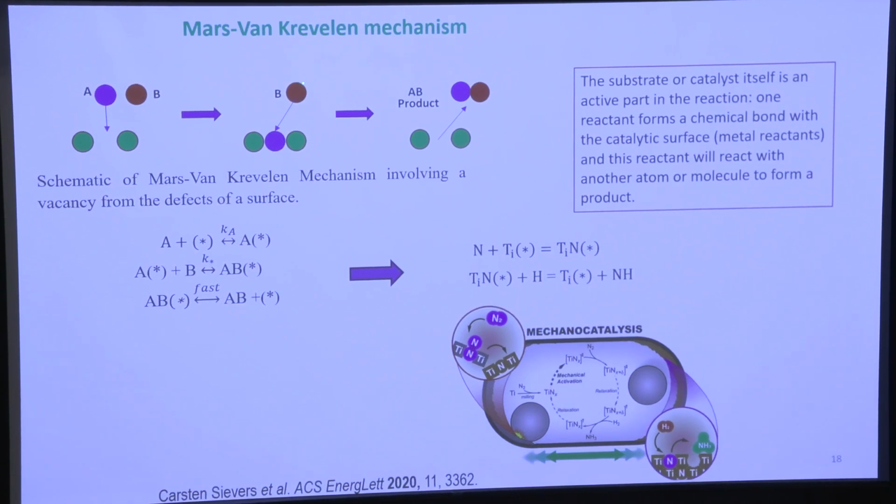That hydrogen in the gas phase comes in to react with the nitrogen adsorbed on the surface and forms a product of NH. I just love this reaction so much, because not only is the gas phase important, but also it involves the interaction between gas phase and the surface and changes the material itself, right?